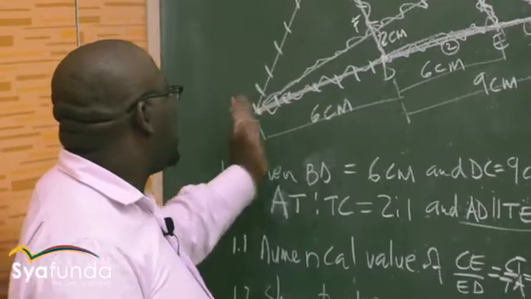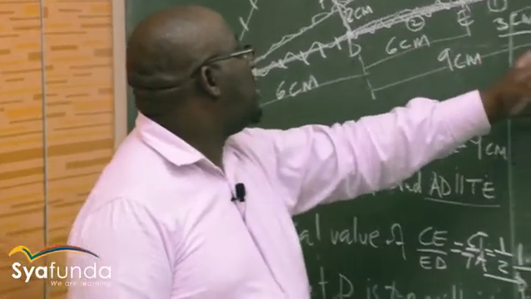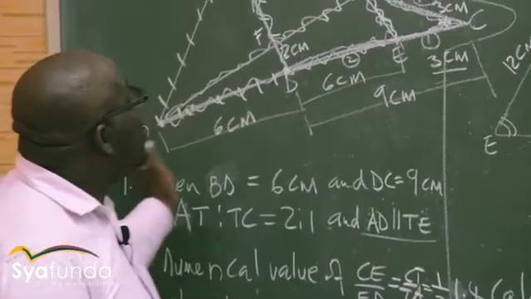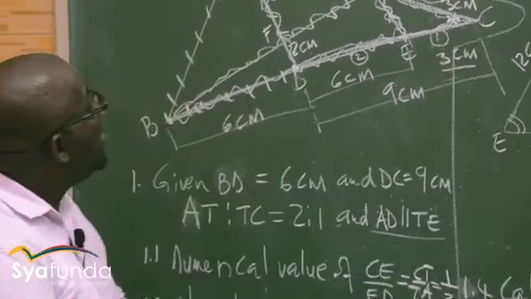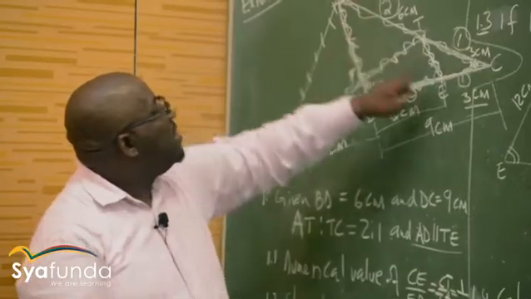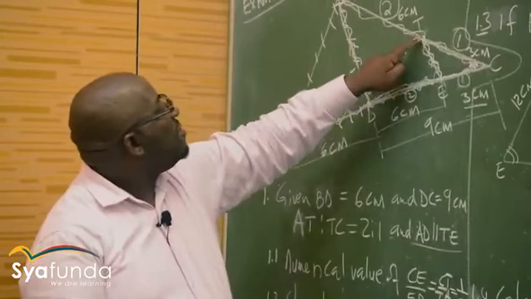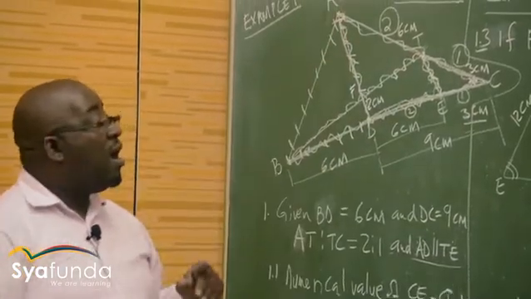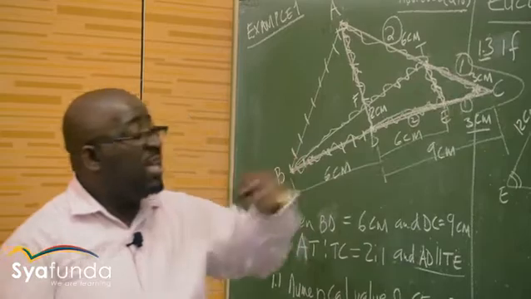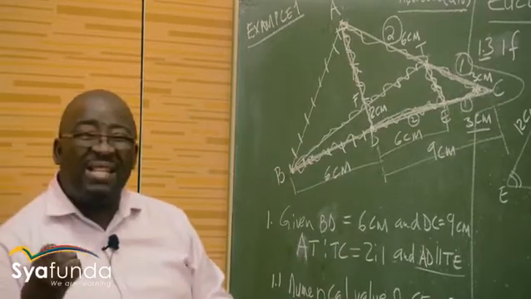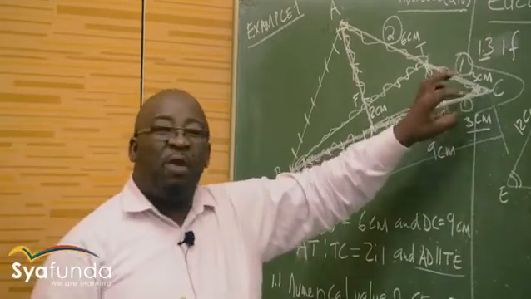Let me check. This is 6 plus 9. What is 6 plus 9? It is 15. So we know that this dimension is 15. What is this one? From here to here, it's 3. From there to there, it's 6. So it's 9. And we do have the included angle in this case, which is C. It is important that we use the common angles.